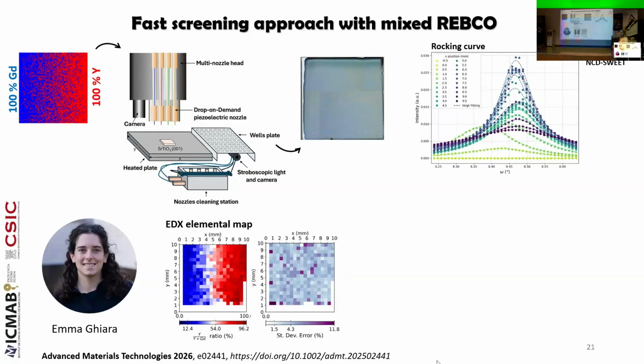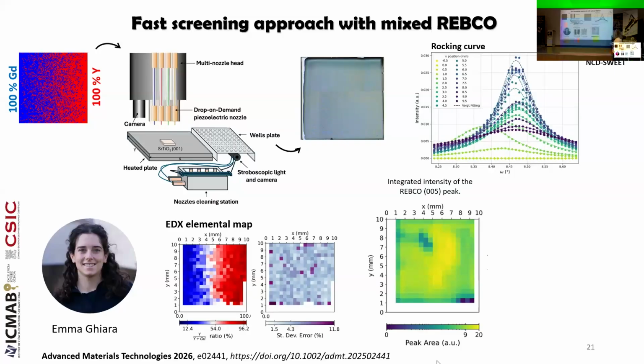Then we go to the NCD-SWEET beamline and we do some ex-situ experiments. We acquire rocking curves around the 005 epitaxial reflection of the YBCO. And we could see that we could get a full compositional gradient from 100% gadolinium to 100% yttrium, a very nice epitaxy at only one condition.